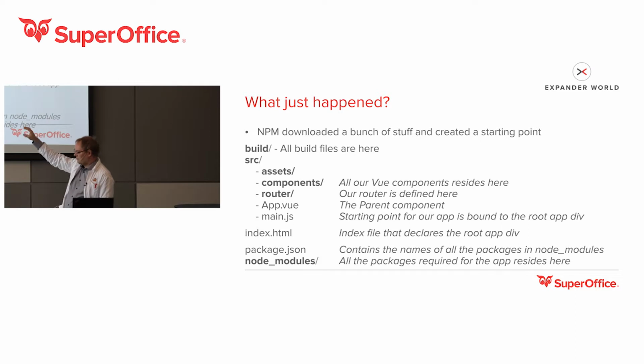There's a top level component called app, and there's a main.js, which is the starting point. And there's a node modules folder which contains megabytes of stuff. All the JavaScript you could possibly imagine, and which we hopefully don't have to look at.